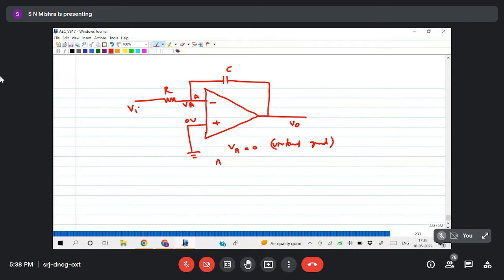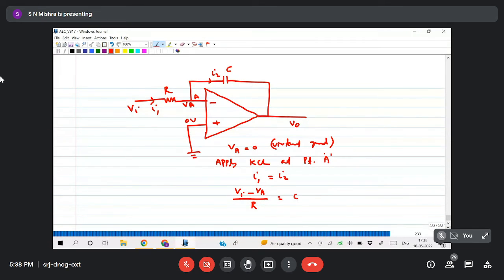After that we apply KCL at point A. Let us take this as I1, this as I2. So I1 equals I2. What is I1? (Vi minus VA) divided by R, which equals here C dV by dt.